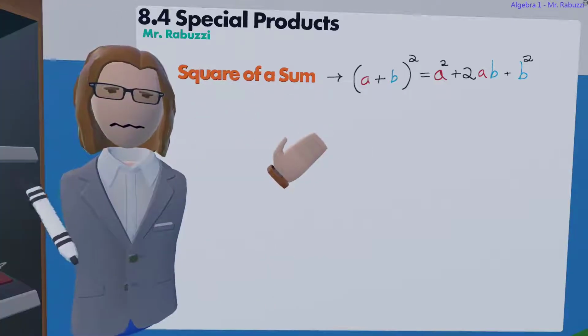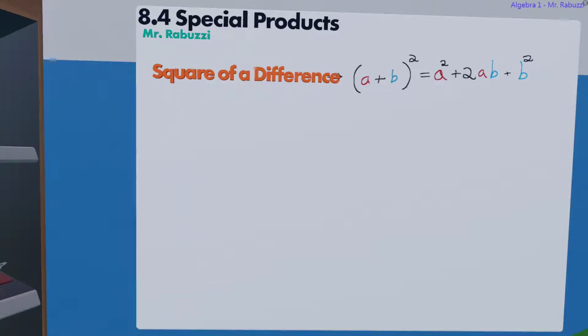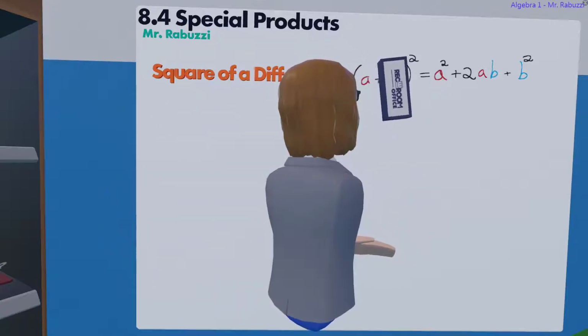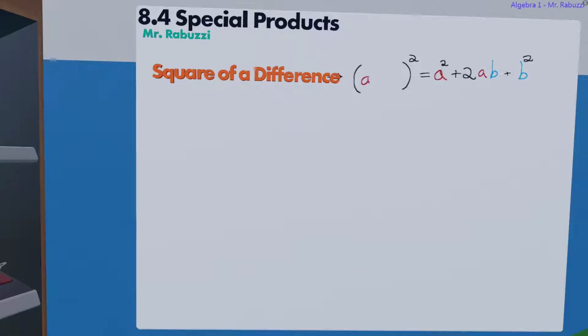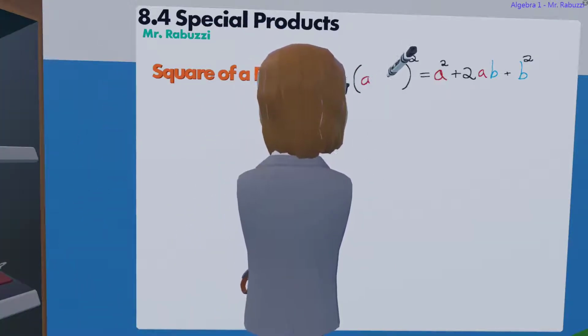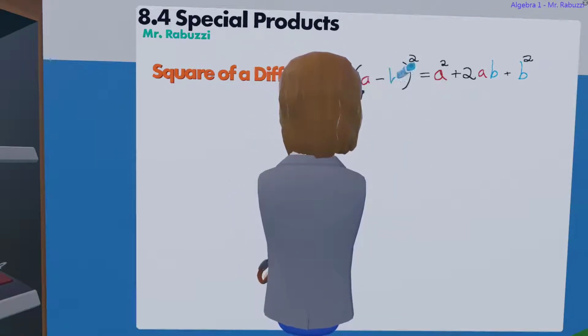Okay, so now we're going to switch to the square of a difference. So we need to clean this up. Now we're not adding these anymore. Now we're going to figure out, what do we do if it's a minus b squared?